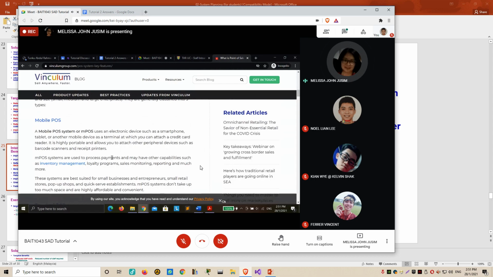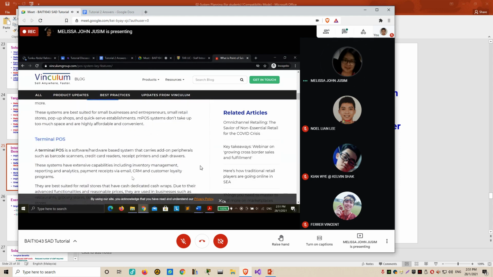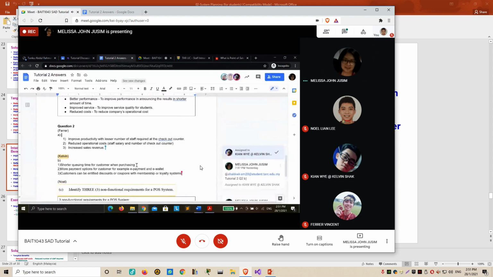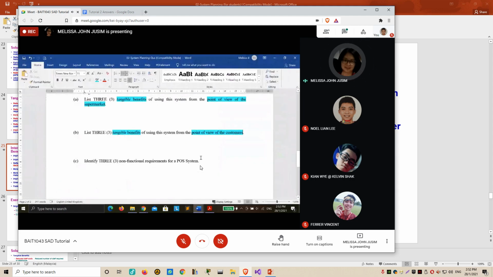So we assume that the new point of sale system includes e-wallet payment option and also loyalty program. Confirmed, loyalty program. Yes, that's what I wanted to find. Okay, let's go back to here.